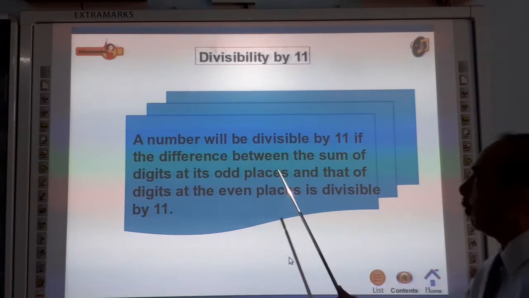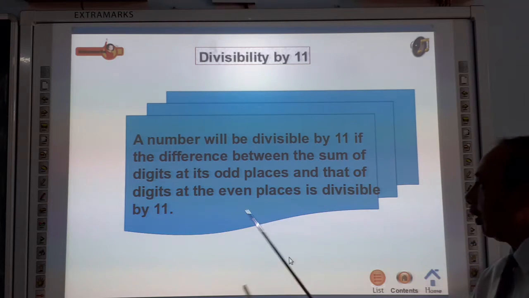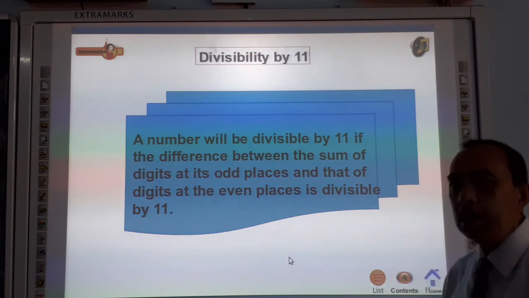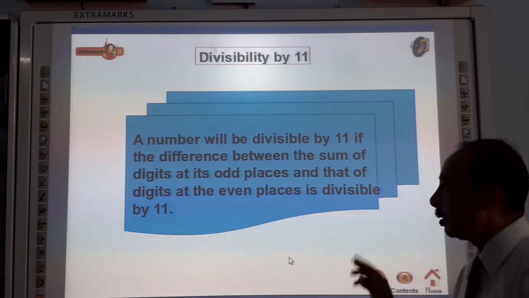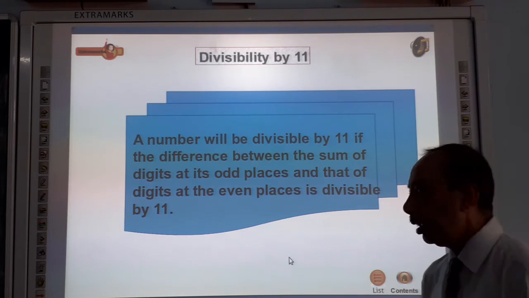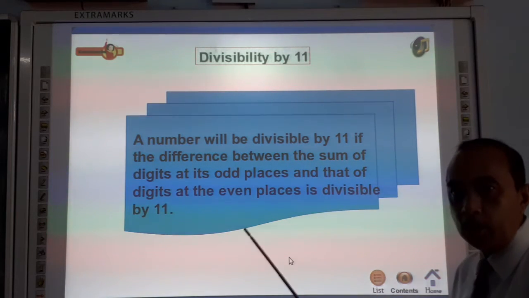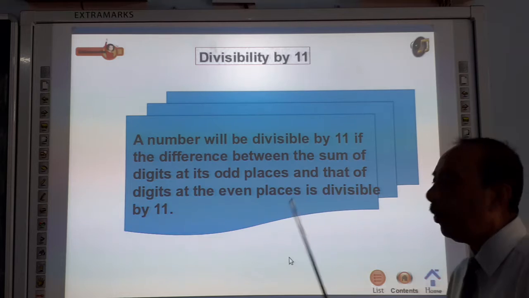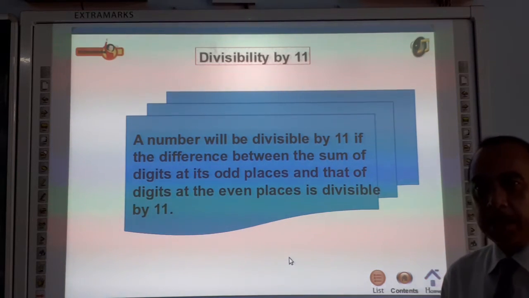First, the sum of digits at odd places, and secondly, the sum of digits at even places. After finding the sum of both types, odd place and even place, find their difference. If their difference is 0 or any multiple of 11, then the complete number will be divisible by 11.